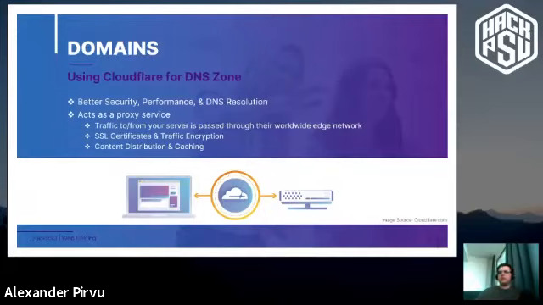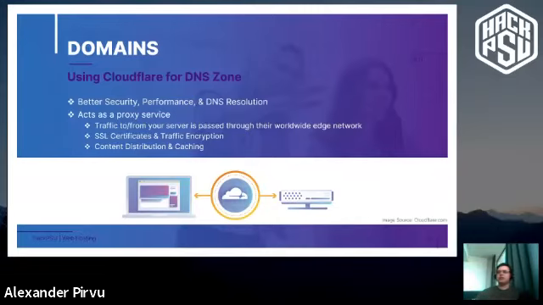So let's say you have your server in Germany and you have a client in Asia that is trying to connect. Well, the content will be passed through their edge network, they call it, which is their content delivery network. And instead of the client in Asia going all the way to your server in Germany, it will only go as far as the Cloudflare server that is in that region and retrieve the data from there.